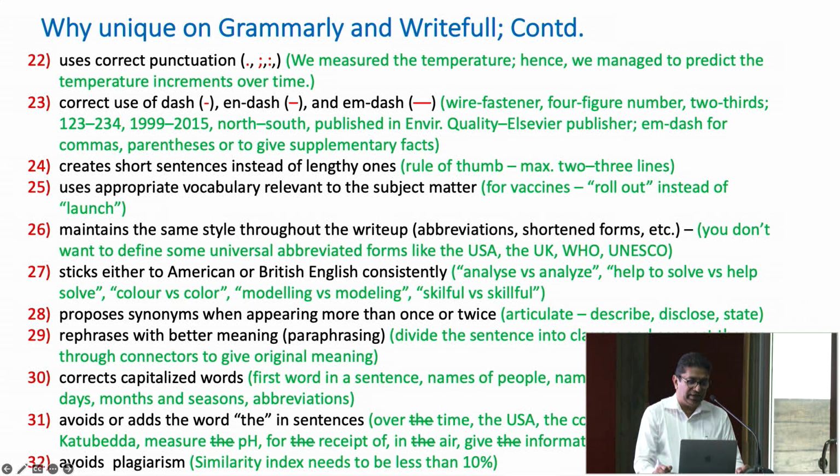Okay. Then comes number 22, use correct punctuation. 90% of you fall into this category. You don't know where to put the stop, semicolon, colon. Right? Say, for example, we say we measured the temperature and then it has to be a semicolon, hence, comma, we managed to predict the temperature increments over time.